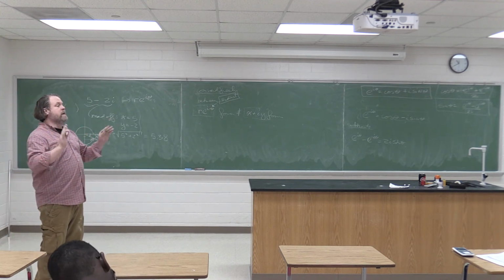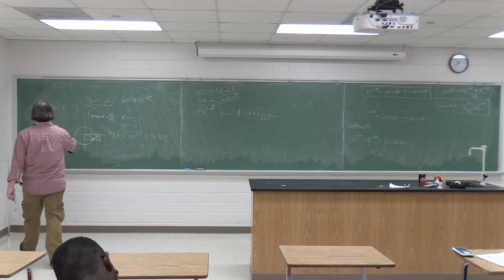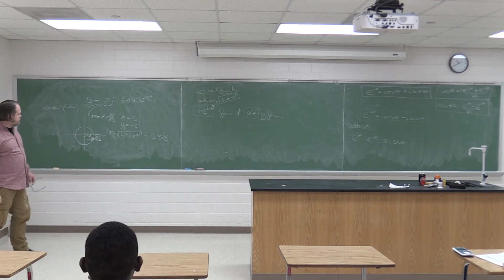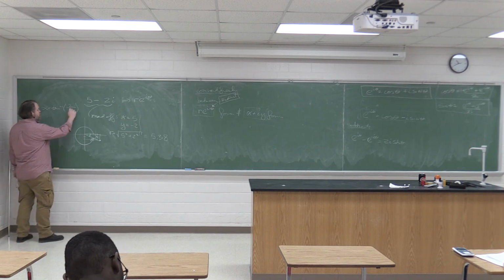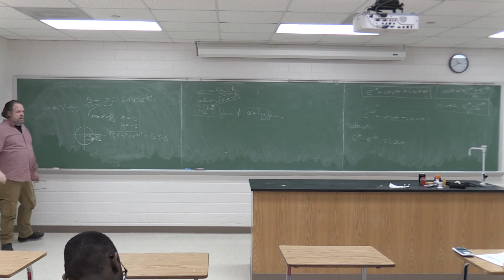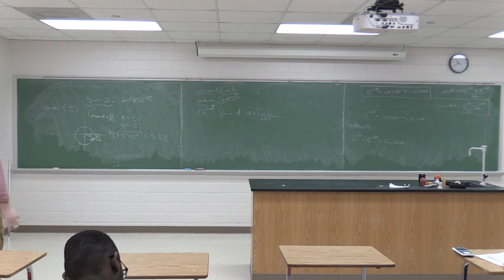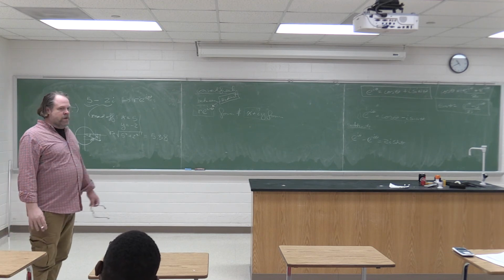So what's the length of the side of the triangle opposite to alpha? 2. What's the length of the side of the triangle adjacent to alpha? 5. So looking at the graph there, 25 degrees.